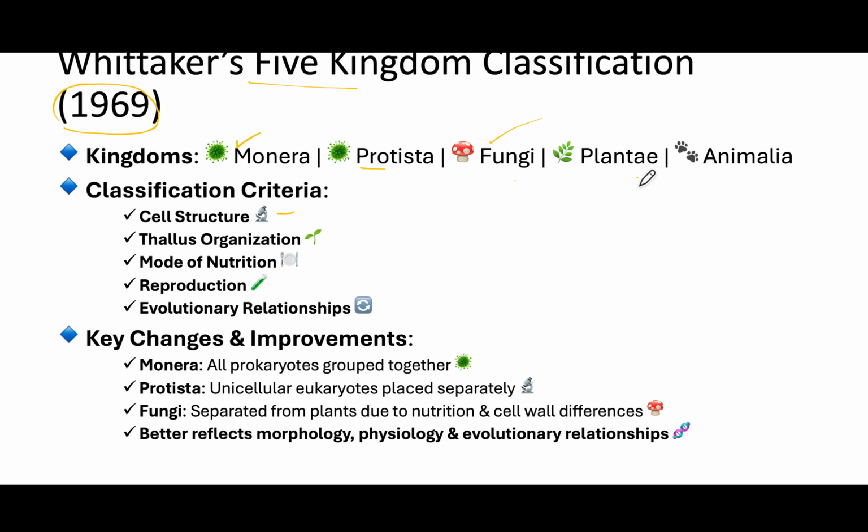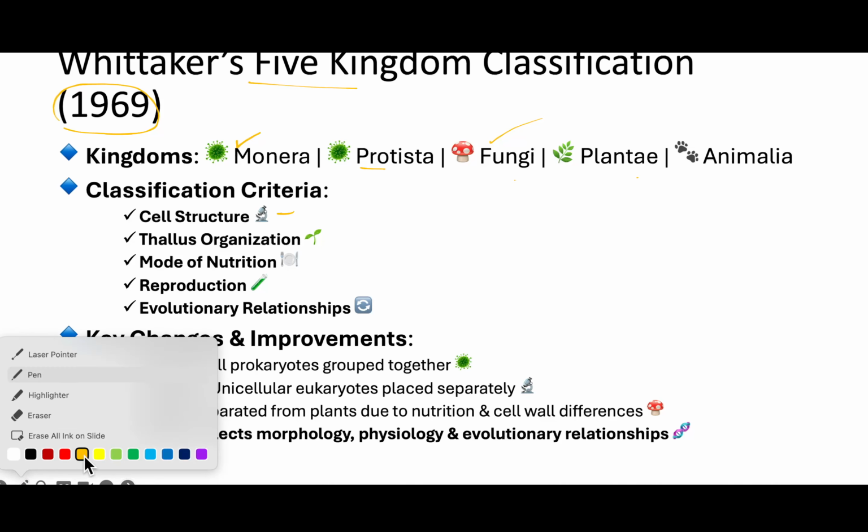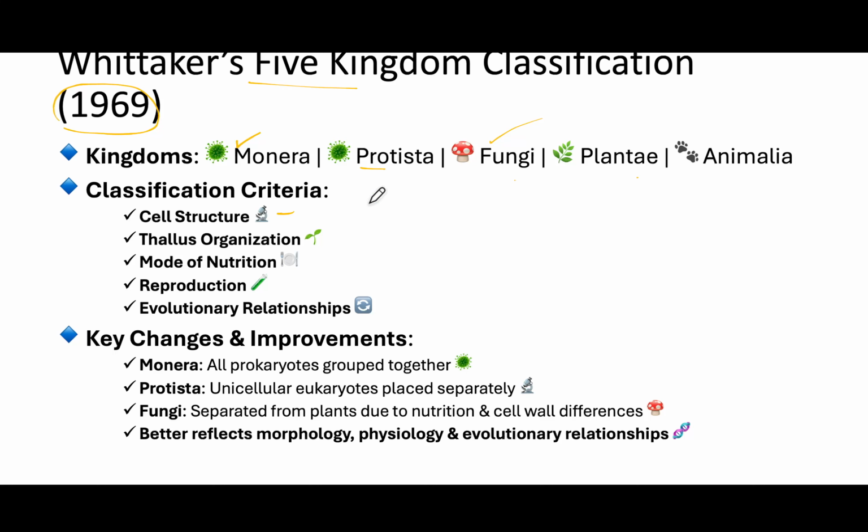In today's class, I will give you just a rough and broad idea about these 5 kingdoms. From the next class, we will deep dive into them. So what exactly is Monera? What are the organisms in kingdom Monera?